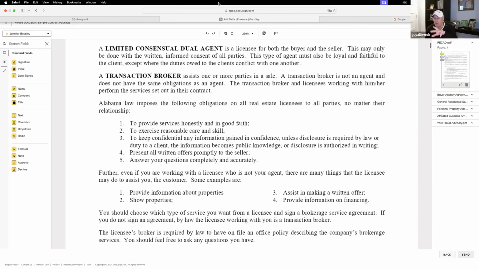Okay. Now, there's a proposed change to that going before the legislature this month. Whether it passes and if it does, when it goes into effect, I don't know, but it is being proposed that they change to what's called designated broker or something like that.